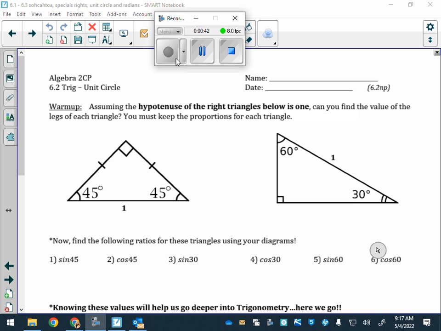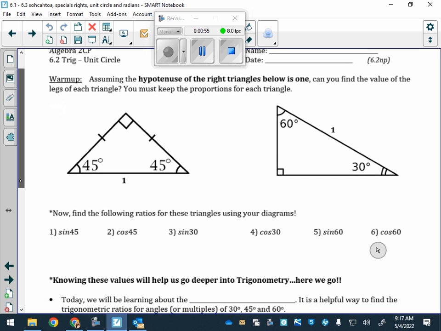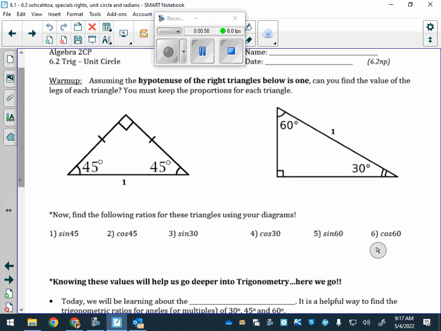Starting out today, this is going to be a continuation of what we already know. We are going to assume that the hypotenuse of these right triangles is 1. If you need your notes from last class, turn to where it breaks down the side lengths of 45-45-90 and 30-60-90 triangles.